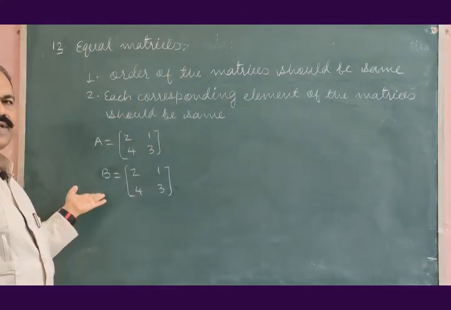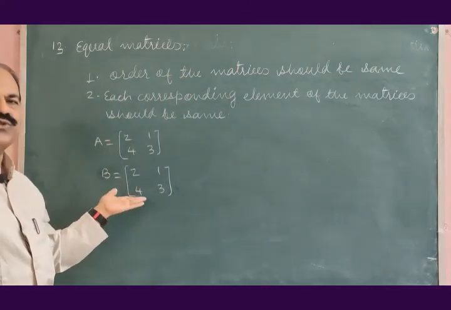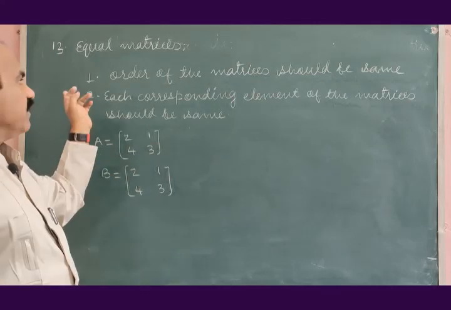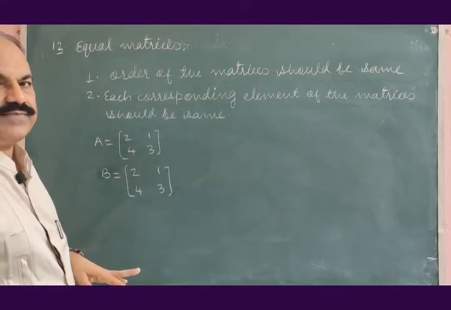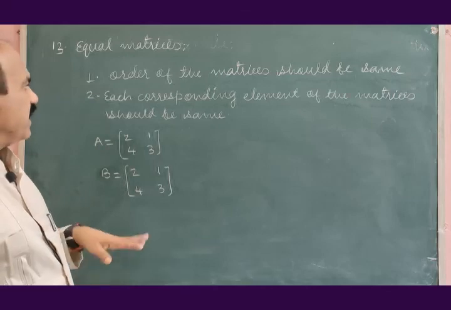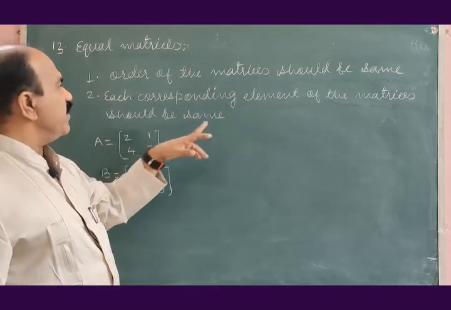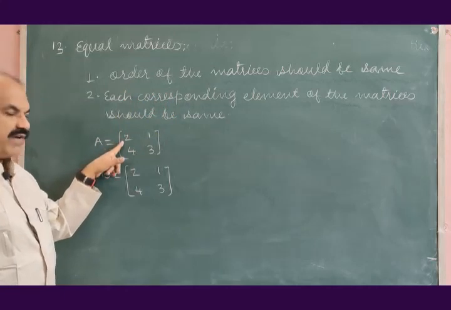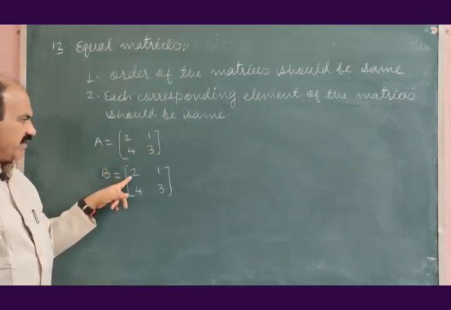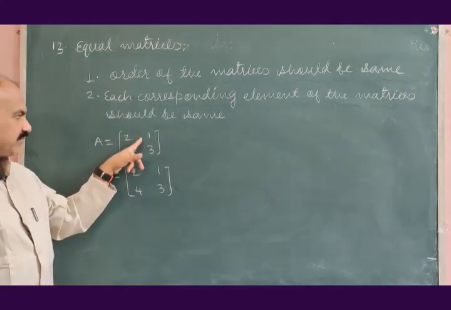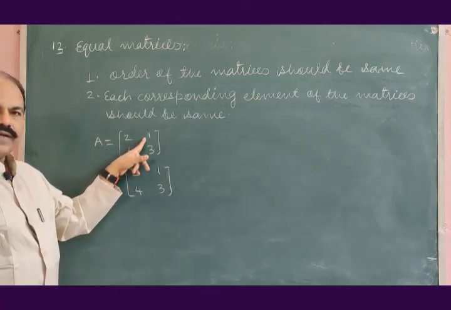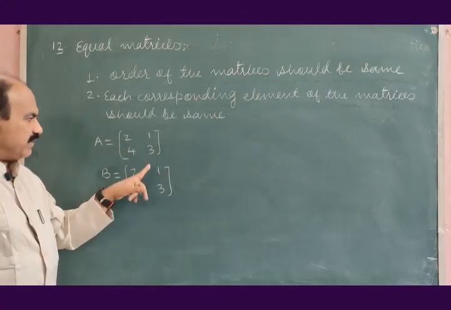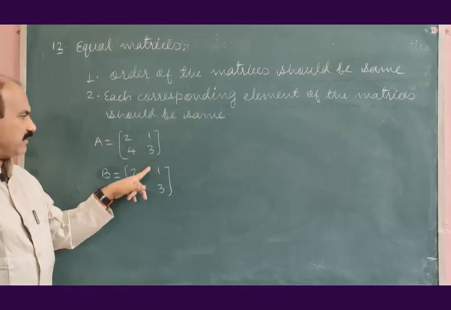Matrix A, matrix B, 2 by 2 matrix, 2 by 2 matrix. First condition is satisfied. Second condition, each corresponding element of the matrices should be same. A11, 2, B11, 2. A12, 1, B12, 1.